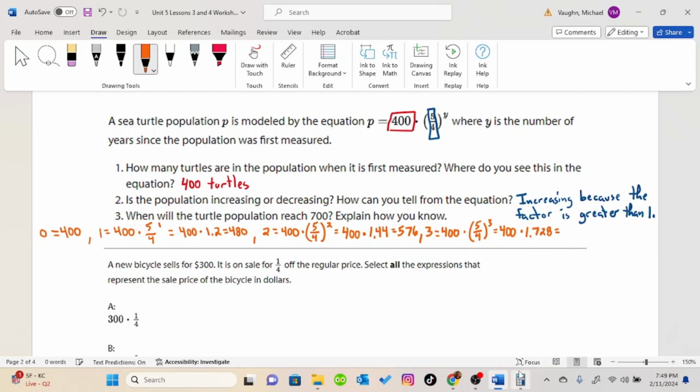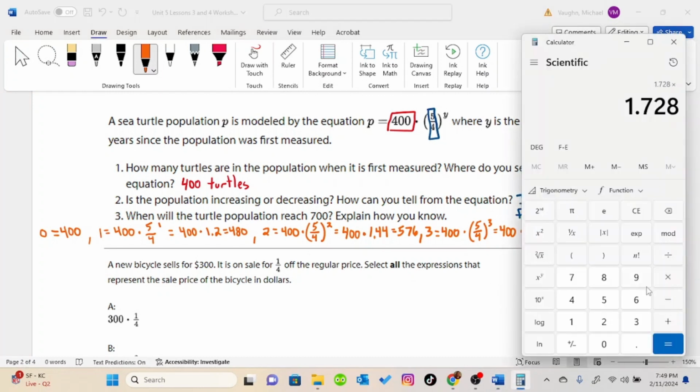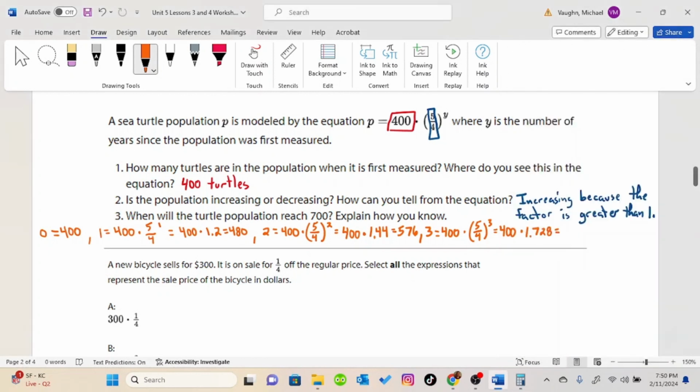Which equals 691.2. So we want to know when it will reach 700.